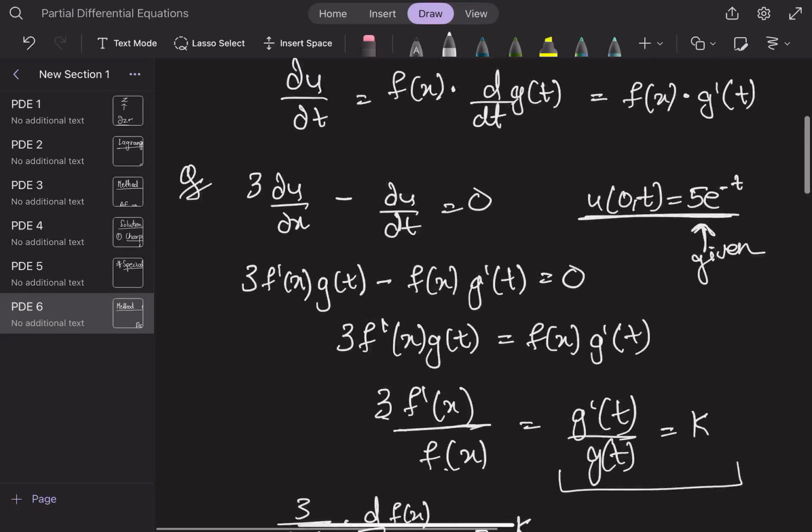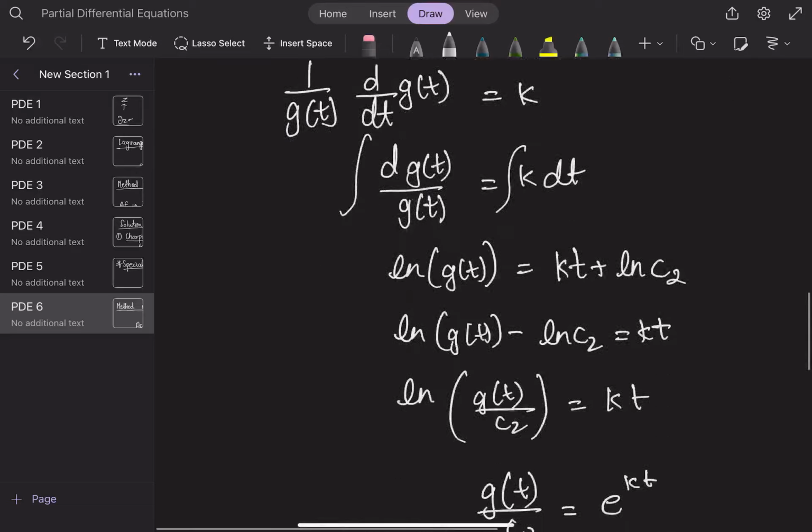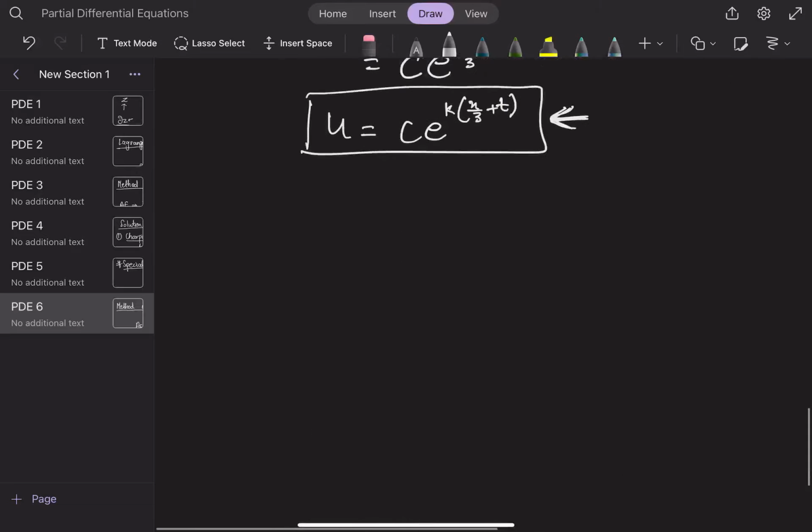So what does this mean? This means that when you replace x by 0 and t with t, then you get this value. So let's try this. u(0, t) is given as 5 e raised to minus t.